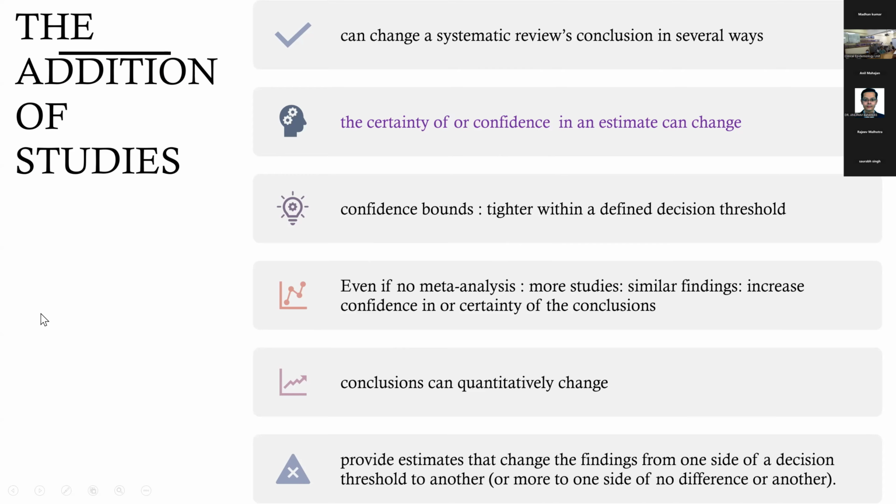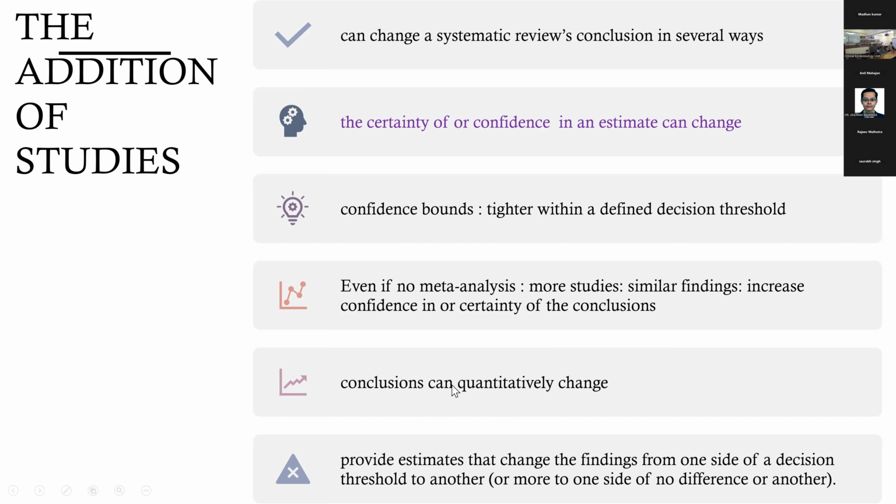Sometimes even if you are just doing a narrative review, like I told you earlier, one study on neonates, one on adults, one on geriatrics, we decided that we can't compare them all together. We do not do a meta-analysis, we just describe each study. Even in that situation, one more study which shows the same thing adds to our confidence.